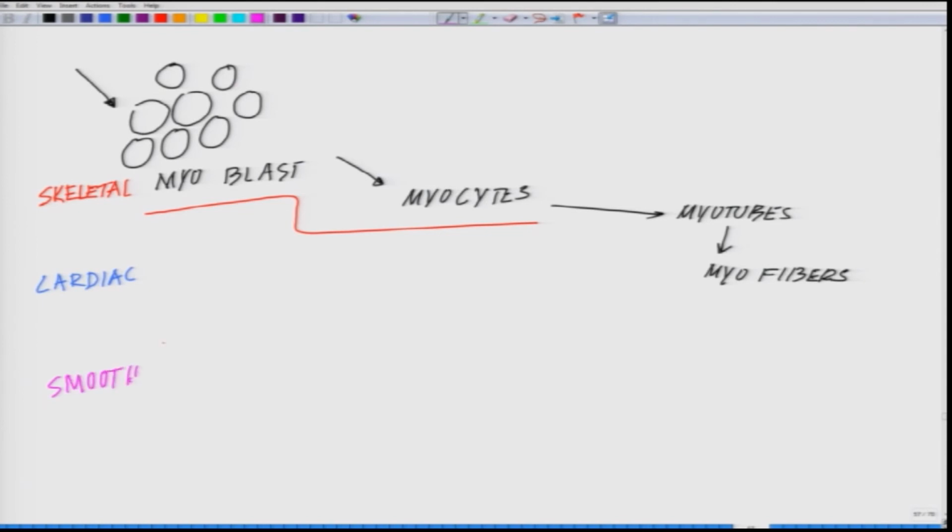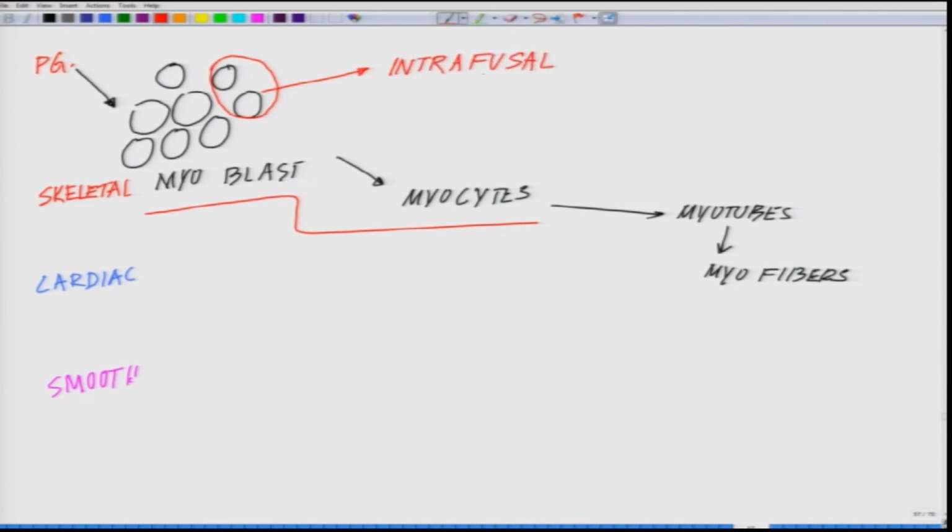If we talk about the skeletal muscle, at this stage there is a second level, either at the myoblast stage or the myocyte, or even further back at the progenitor level, there is a small population which becomes intrafusal.